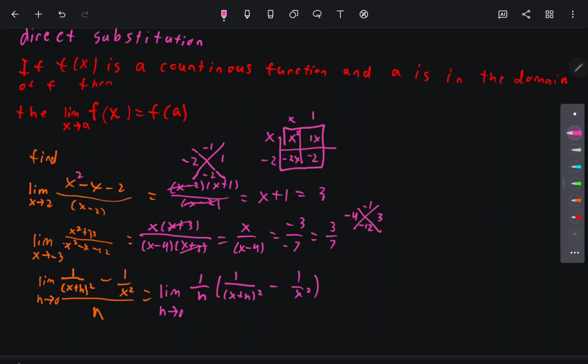Well, let's find a common denominator first. Let's see if we can do anything with that.